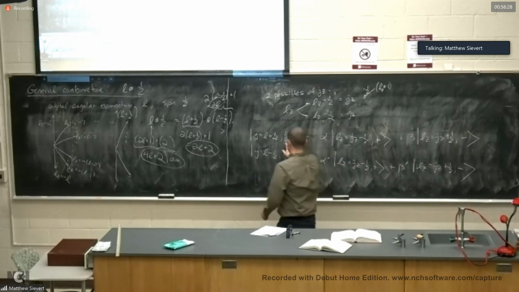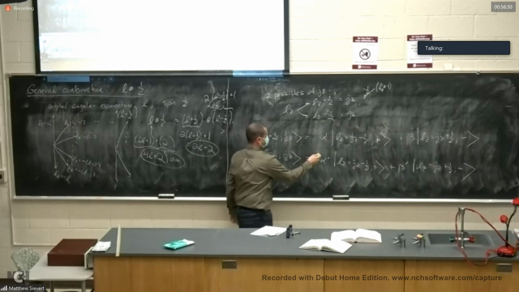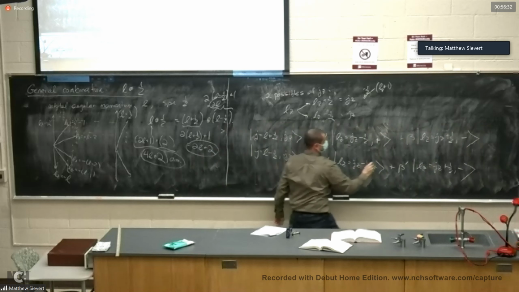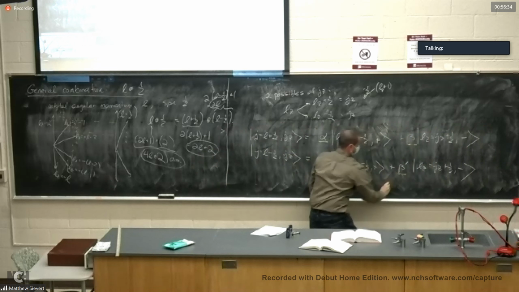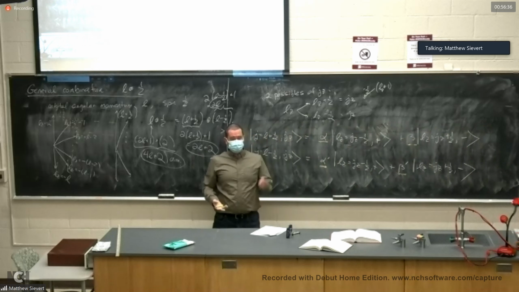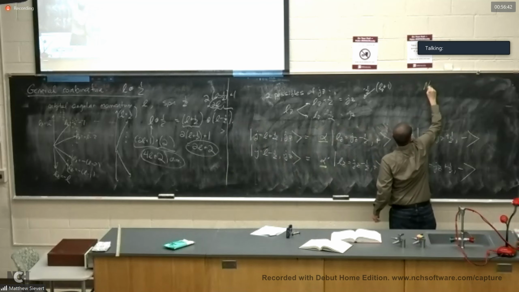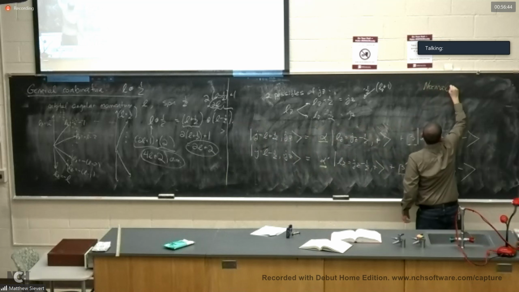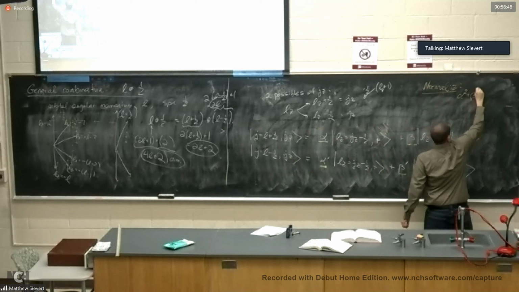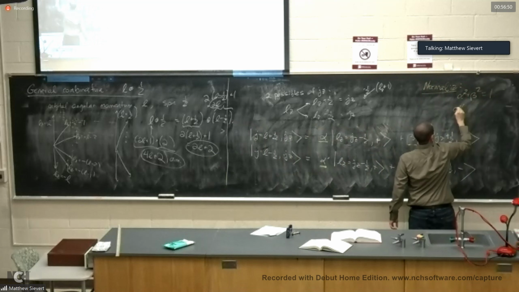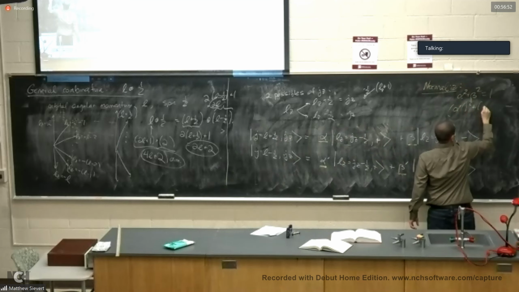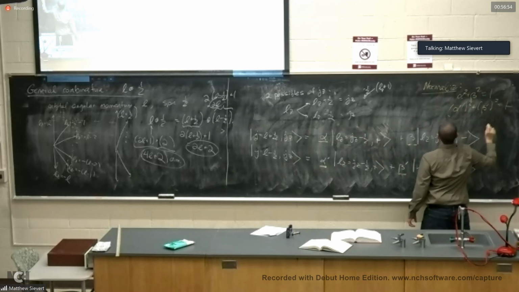So for a given value of JZ, there are 4 unknown coefficients. And I immediately know 3 relations between them. I have to have normalization for each one separately. So I have alpha squared plus beta squared is 1, and alpha prime squared plus beta prime squared equals 1.